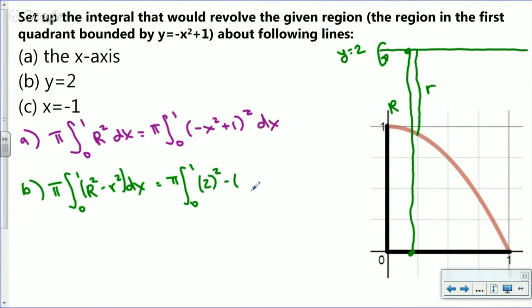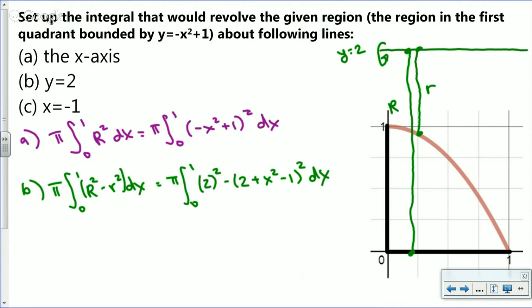And then little r, top minus bottom, that will be 2 minus this function. So 2, be sure that you distribute that negative or put parentheses around your function. That's the most common mistake I see. dx, we decided. Okay, so that is the setup for the volume for part B.